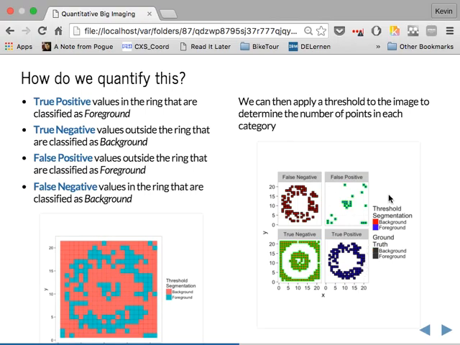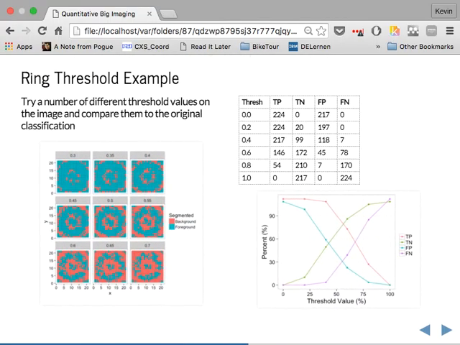So these are all the points that we thought were in the ring based on our threshold, that in fact were not. The true negatives were here, and the false negatives are there. And so now we've come up with these 4 different groups where we can assign the thresholds that we got out to their correctness, because there's multiple ways they can be wrong.